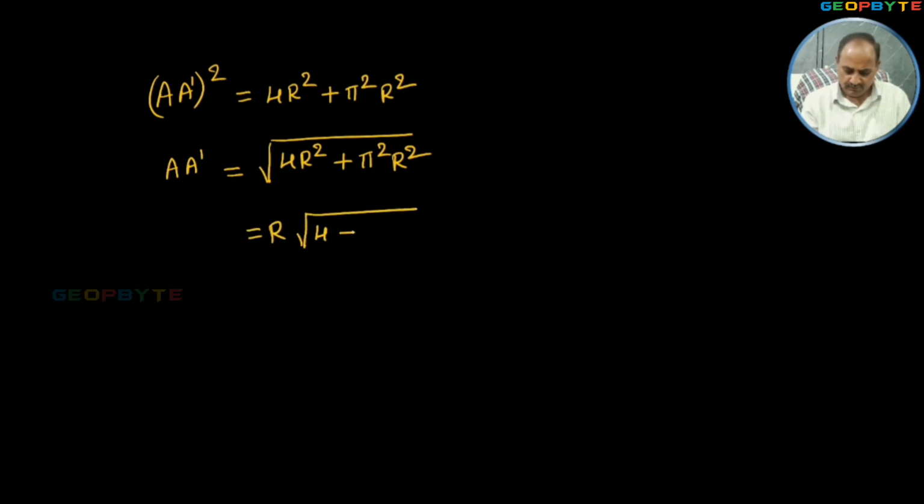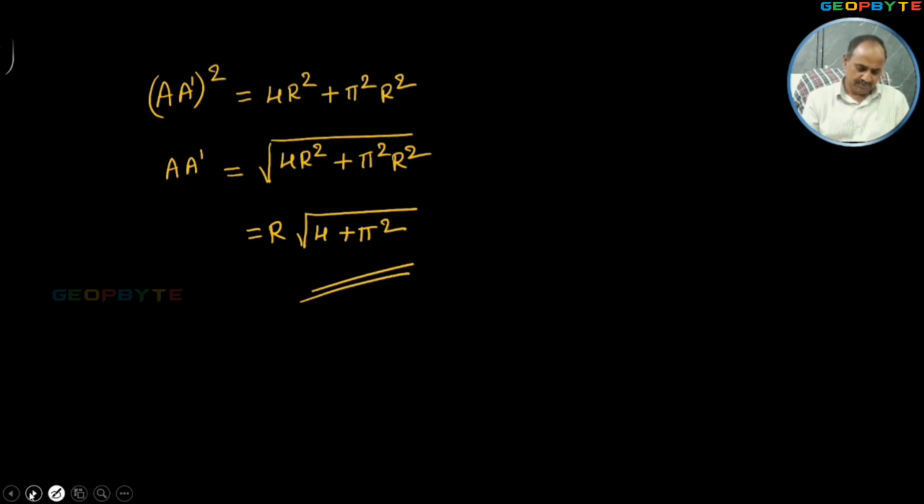From this, A dash is equal to root over 4r square plus pi square r square, which can be written as r into root over 4 plus pi square. That is the answer.